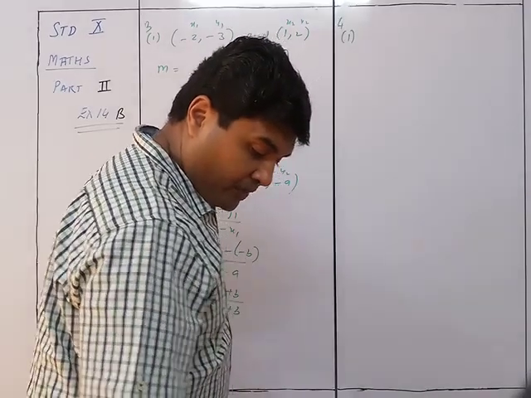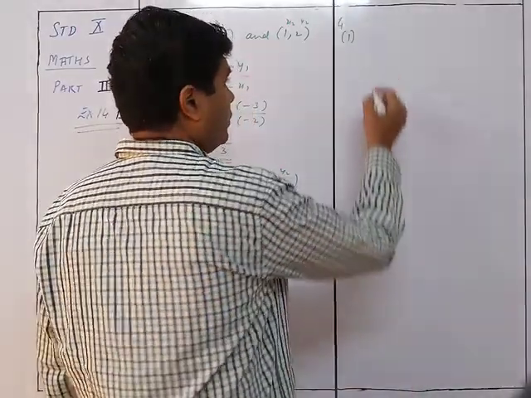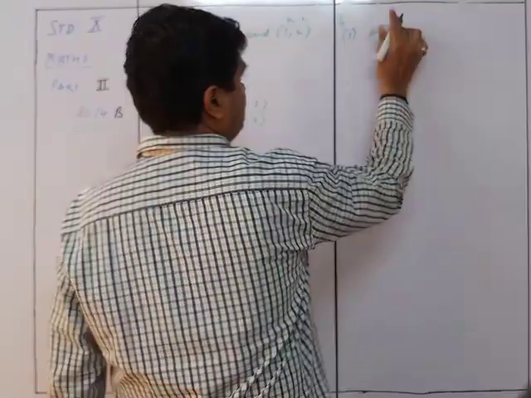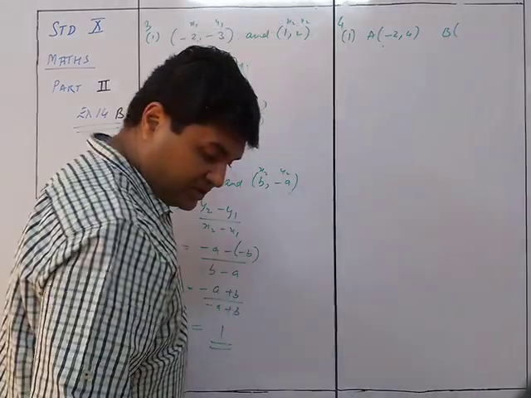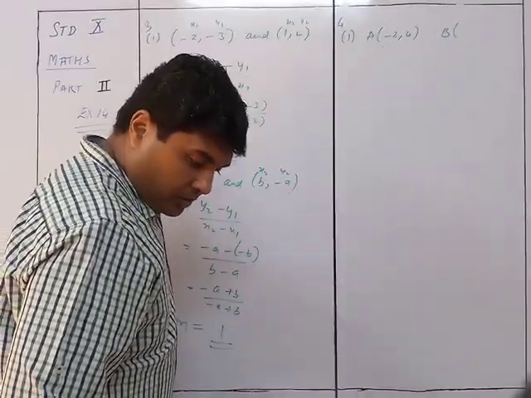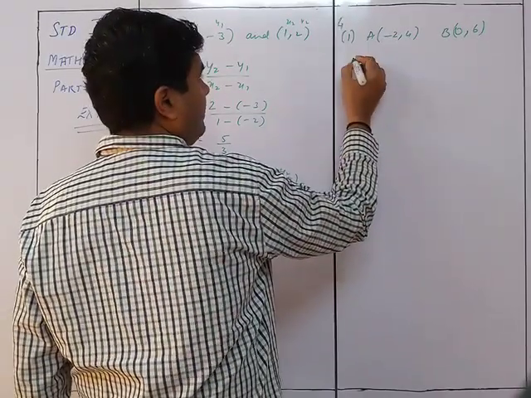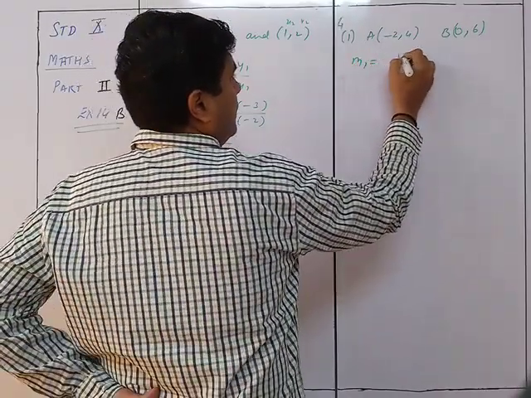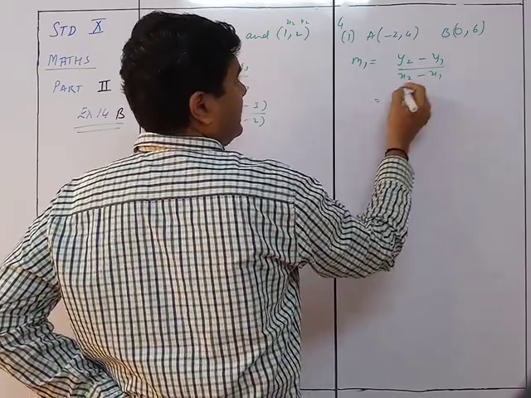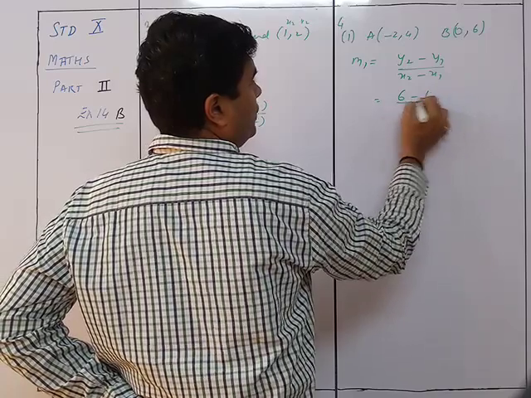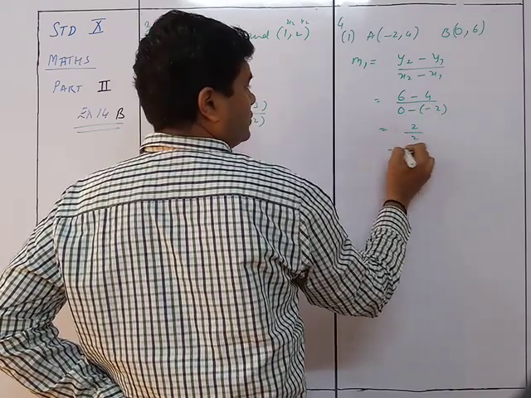Sum number 4. Find the slope of the line parallel to AB if A is minus 2, 4. So it's given that A is minus 2, 4, and B is given to me as 0, 6. So we know slope m1 will be equal to y2 minus y1 upon x2 minus x1. That will be 6 minus 4 upon 0 minus minus 2. That will be 2 upon 2 is equal to 1.